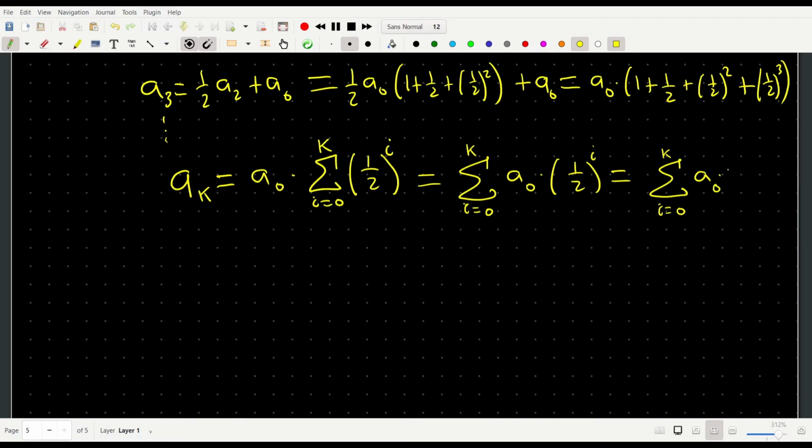So it's a_0 times r to the power i, where r is equal to 1/2.